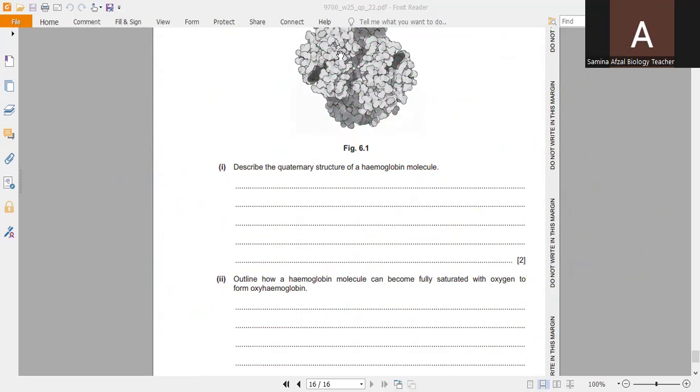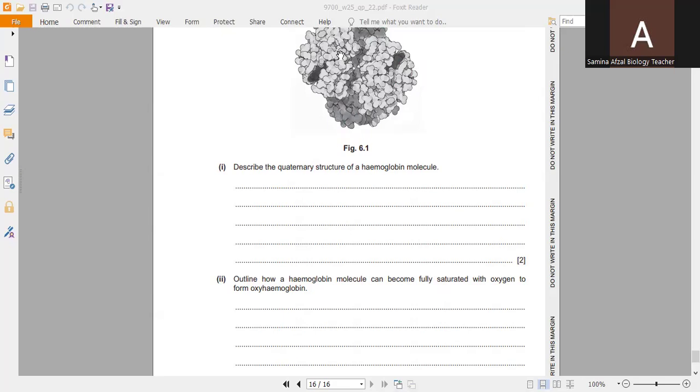Hemoglobin actually consists of four polypeptide chains. Two of them are alpha chains and two of them are beta chains. Each polypeptide chain is associated with a heme group which contains an iron. These subunits are held together by various bonds such as hydrophobic interactions and hydrogen bonds to form a complex three-dimensional globular protein. This question is of 2 marks, so we have to write accordingly.